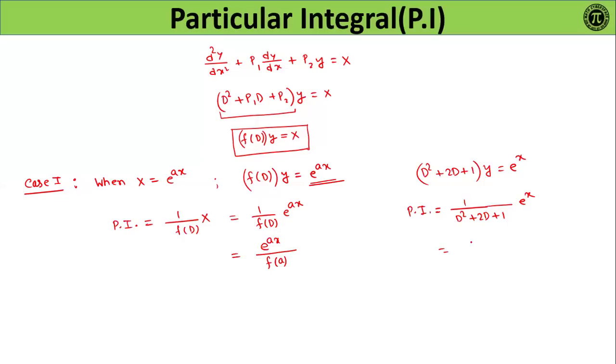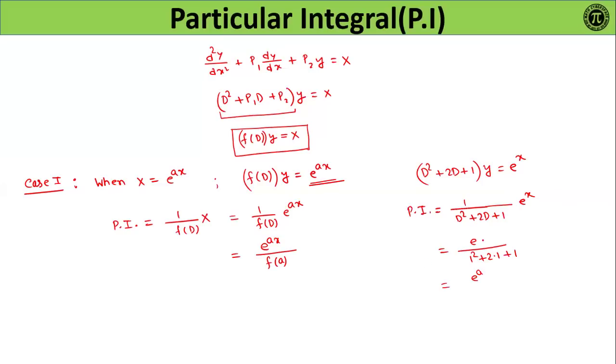So the answer will be e to the power x divided by 1 square plus 2 into 1 plus 1, which is e to the power x divided by 4. This is our particular integral, e to the power x by 4. This is the process.